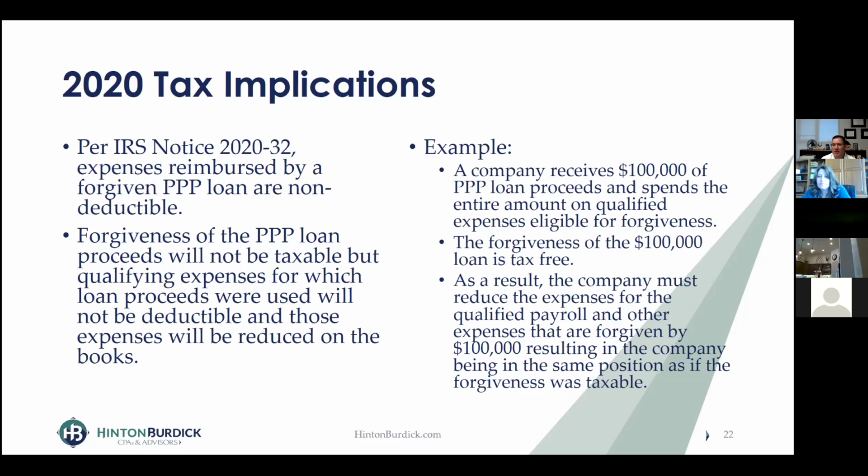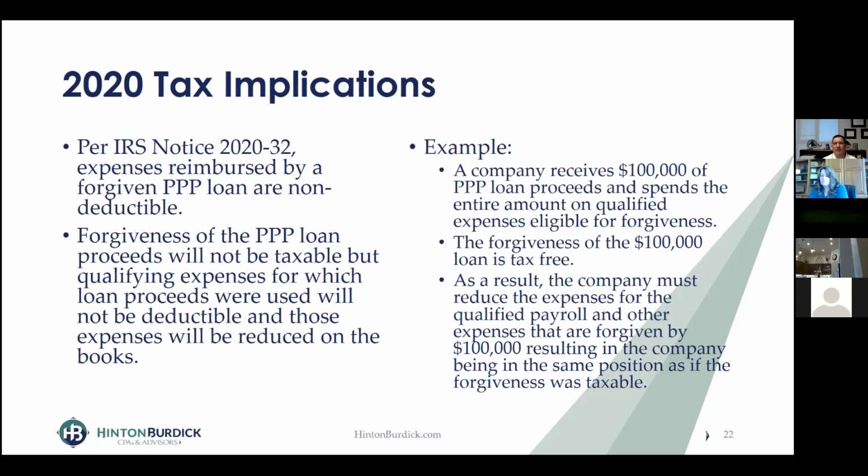If this were true cancellation of debt income, and it was forgiven debt, the forgiven amount would be subject to ordinary income tax rates. And they said, well, it's not going to be taxable when it's forgiven.